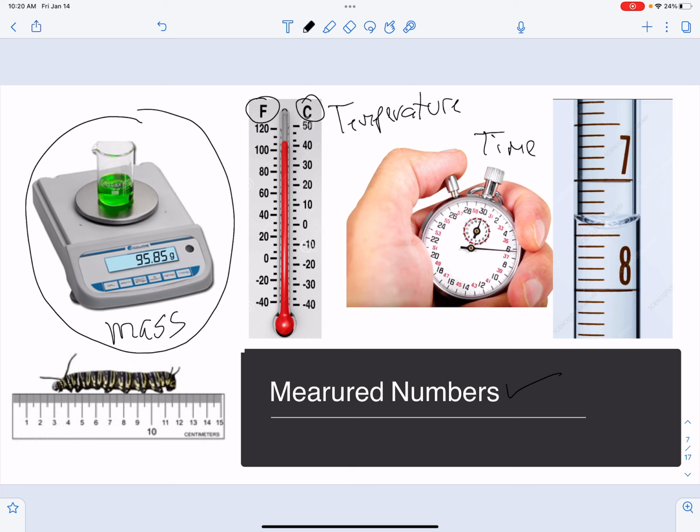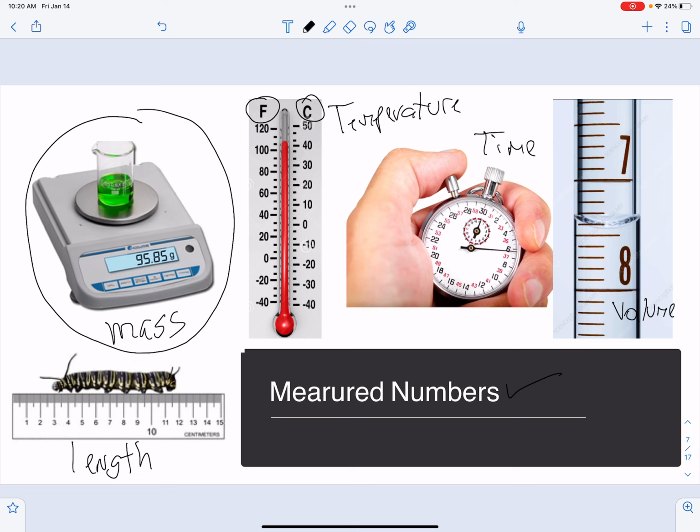I can also measure volume from liquids. And I can also measure length, so how long something is. Those are the 5 most essential types of measurements that we're going to do in this course: mass, temperature, time, volume, and length. And in our next objectives, we're going to learn the units that we use to measure that.